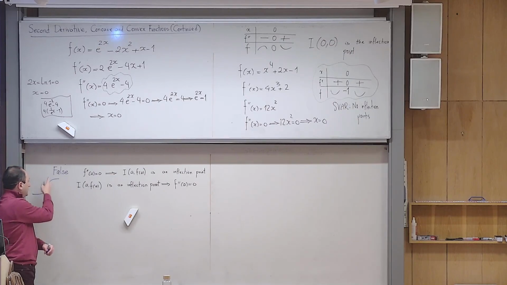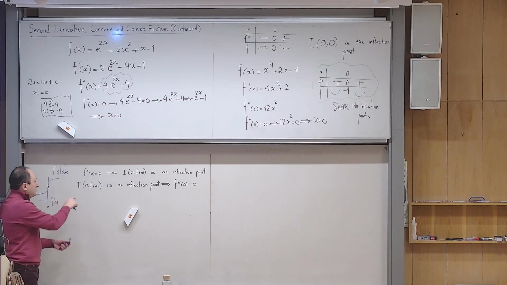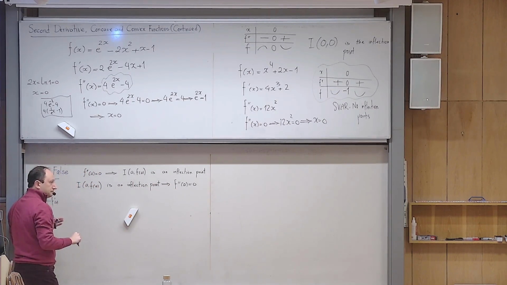But if you remember, this is one of those points where the function is not differentiable because I have a vertical tangent. So if you ask me what is f prime of a, if this point is a, I would say that f prime of a does not exist. Of course, if f prime of a does not exist, f double prime of a does not exist either. So this is why we can say that this might also be wrong.